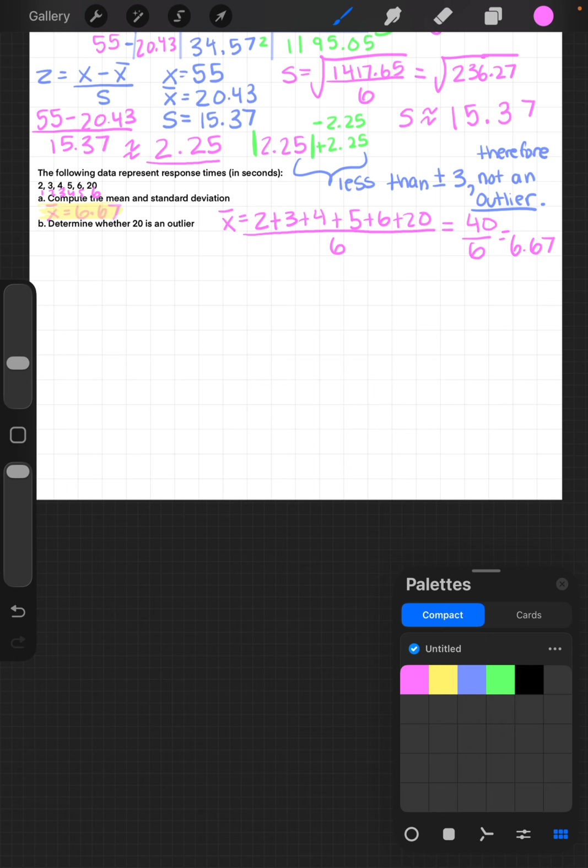Okay, and now we're going to find our standard deviation, which is just gonna be the table, and then the square root of everything.